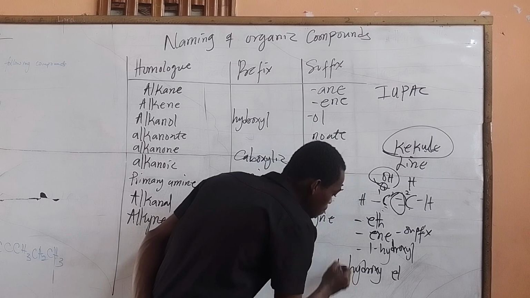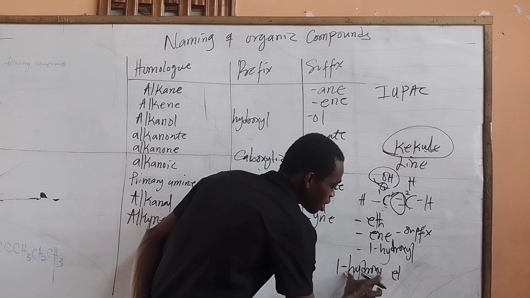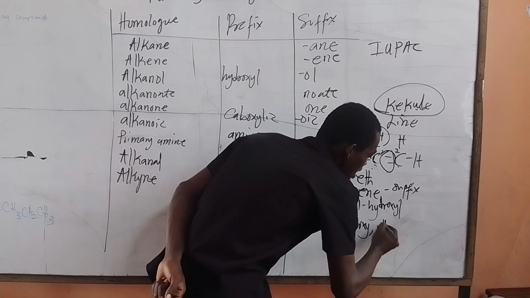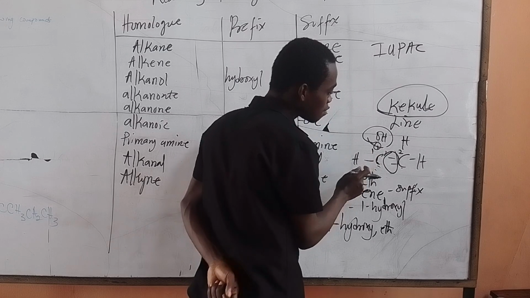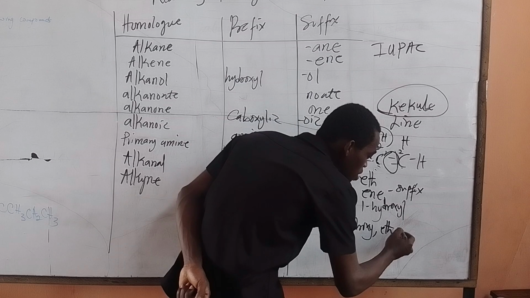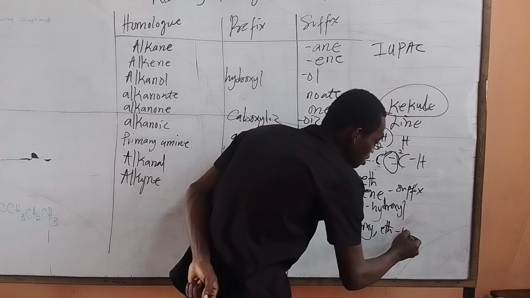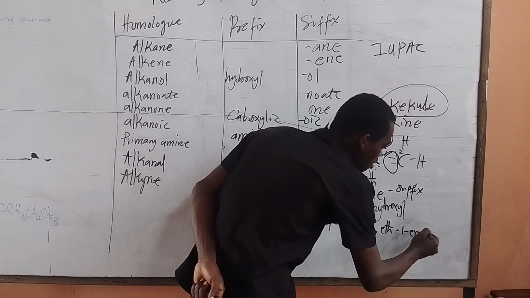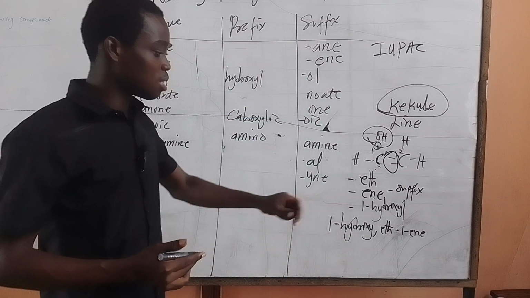Now look, I use a hyphen to separate the number from the letters. So I have 1-hydroxyl, and where is my ene found? If I'm going like this, it's at the first carbon. So this is 1-ene, or I can say at 1 ene. So this is 1-hydroxyl at 1-ene.